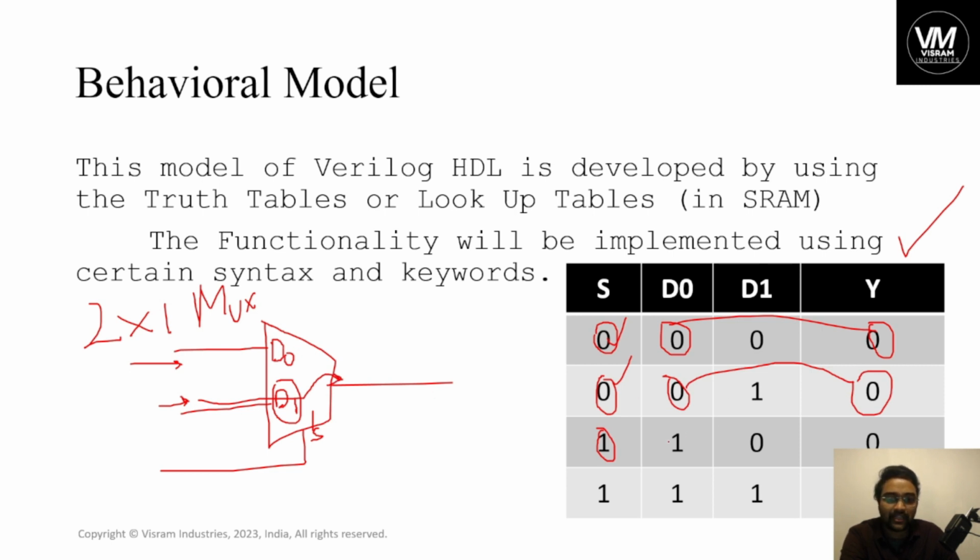So D1 is selected. D1 is 0, so here the output is 0 again. This is followed as the output Y.